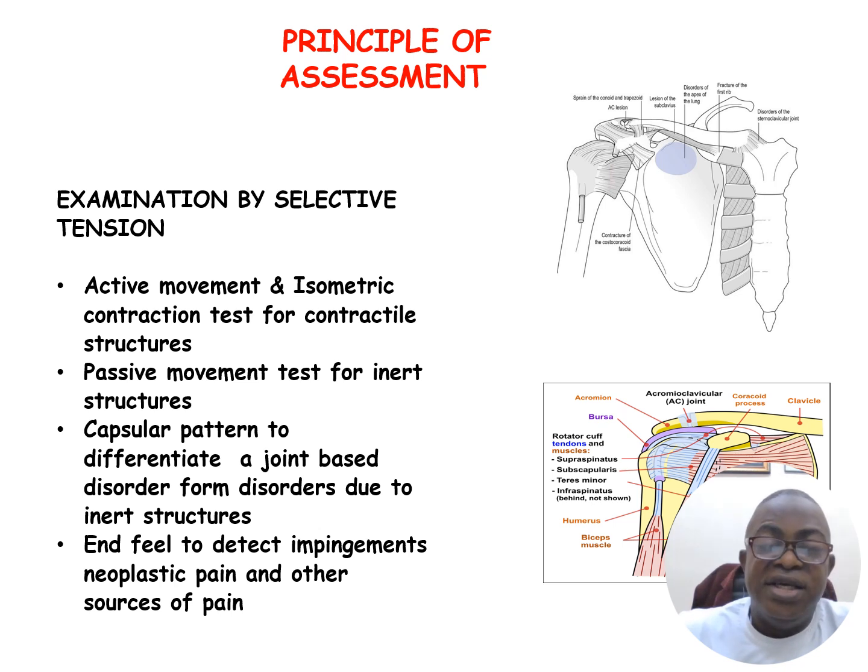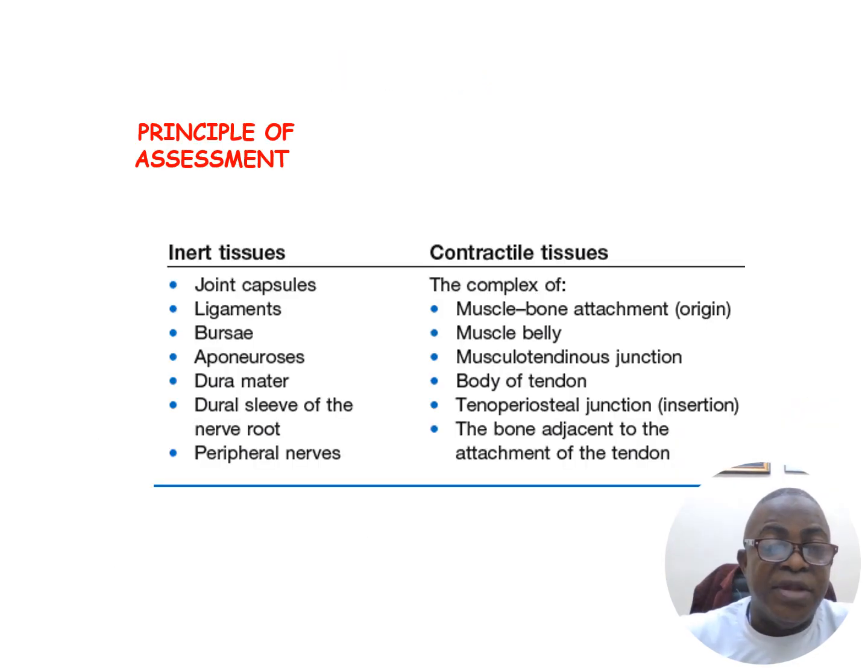So basically, the selective tension method of assessment of Cyriax utilizes active movement, passive movement, resisted movement, and capsular pattern as well as end feel to make a diagnosis in different structures that could be responsible for patient pain. Right here you have the list of structures in the body that could be classified as either contractile or non-contractile.